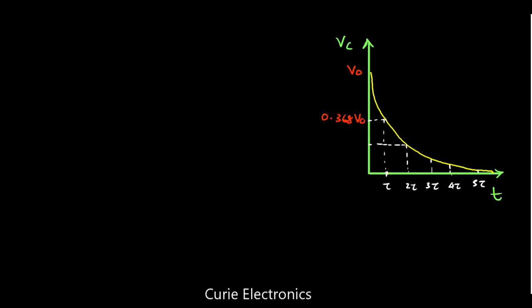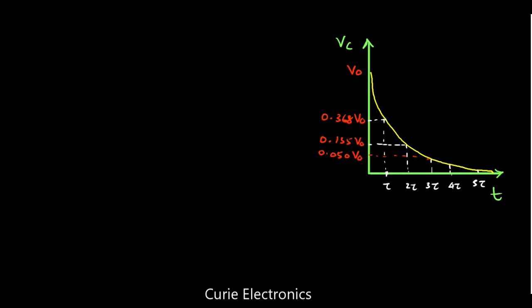And one more time constant, if the 2 tau, it reduces to 0.135 V0. Again with 3 tau what happens? It reduces to 0.050 of V0. That means 5%.